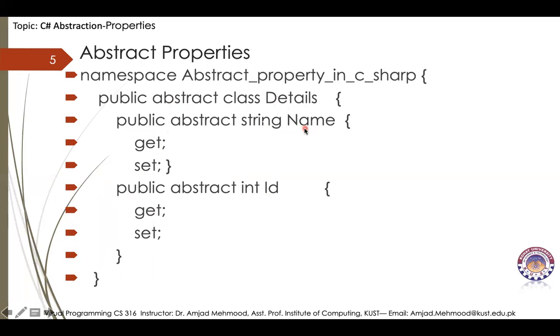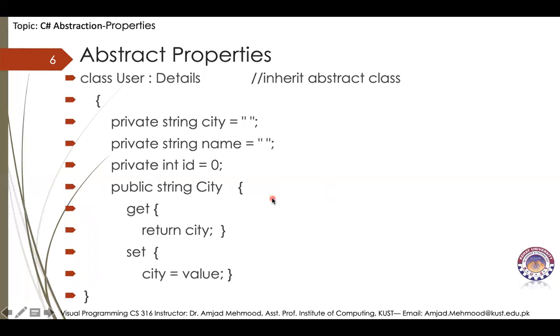One is named name, another is id. They are both abstract, and they have not defined get and set, but the class which extends this abstract class will define both the name and id public properties. So class user, now this is the class, and this class is extending details.